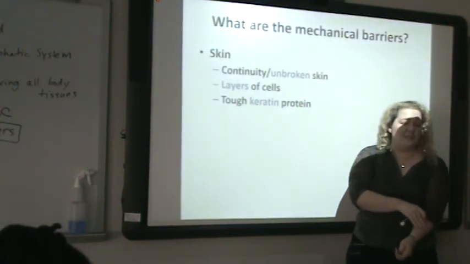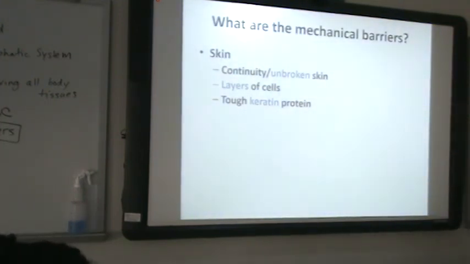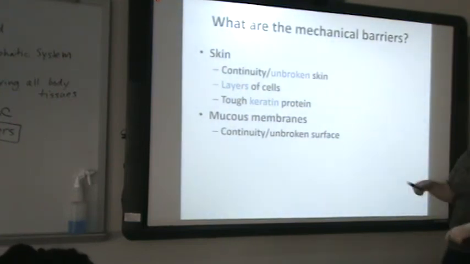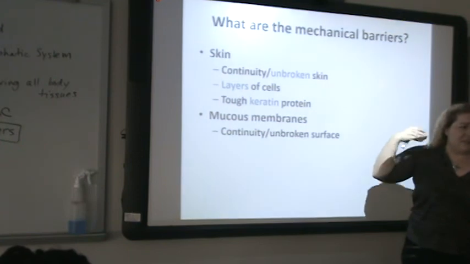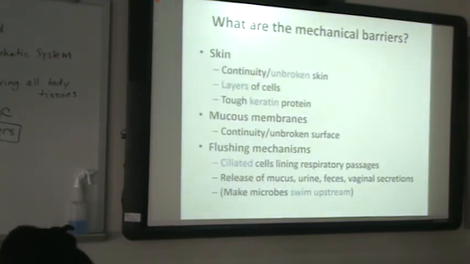You've got thickness, toughness of skin. That's a good barrier. Skin might seem a better barrier than mucous membranes, but both are barriers to microbes getting deeper if they're unbroken and continuous cells.